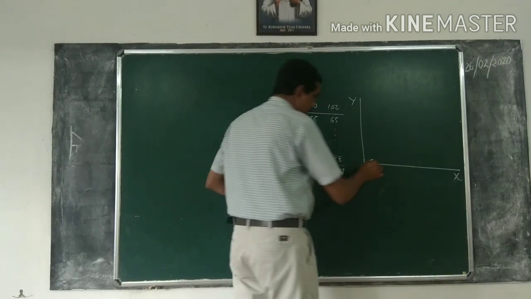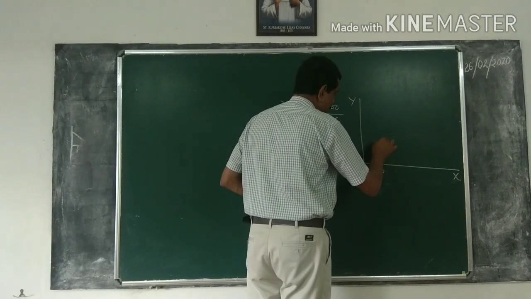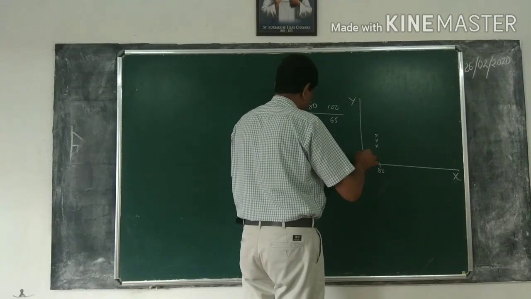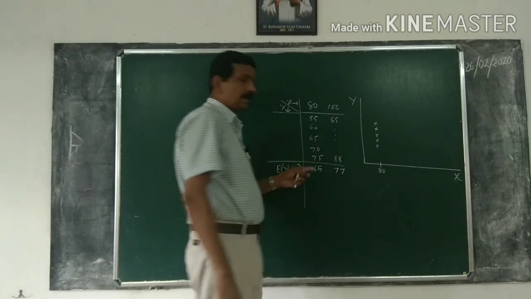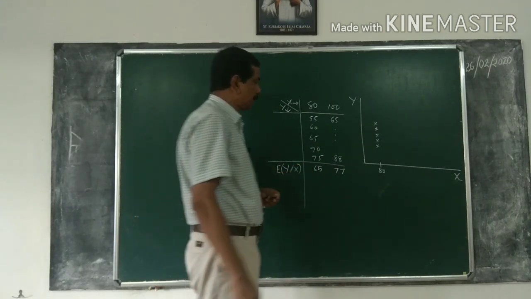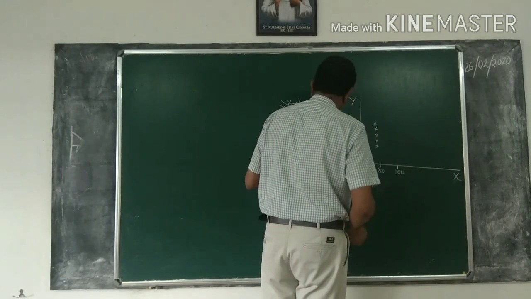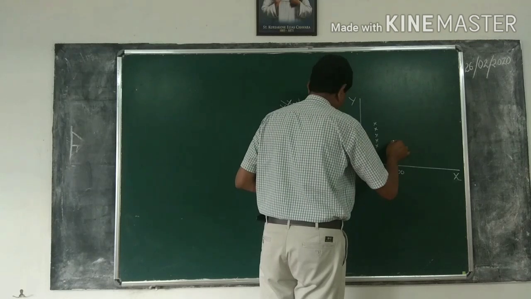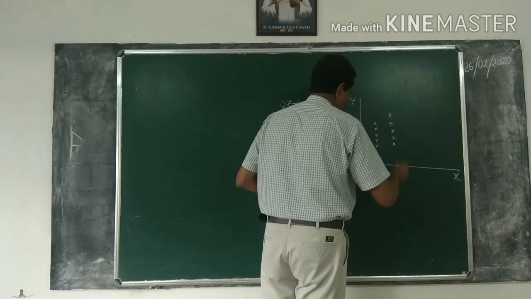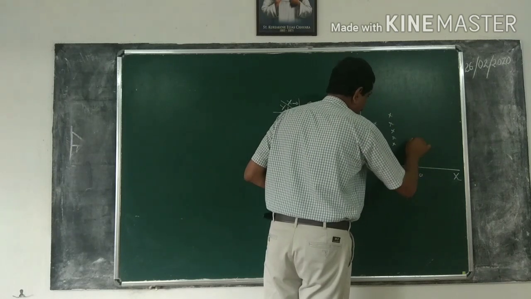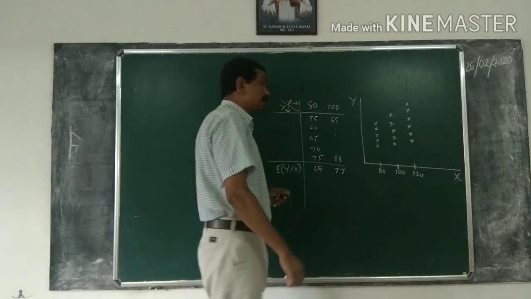Now, when income is 80, we have 5 families with consumption ranging from 55, 60, 65, 70, 75, etc. When income is 100, we have consumption expenditures ranging from 65 to 88. When income is 120, again we have a distribution of y like this.